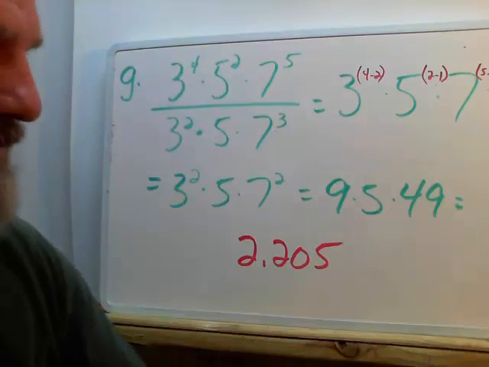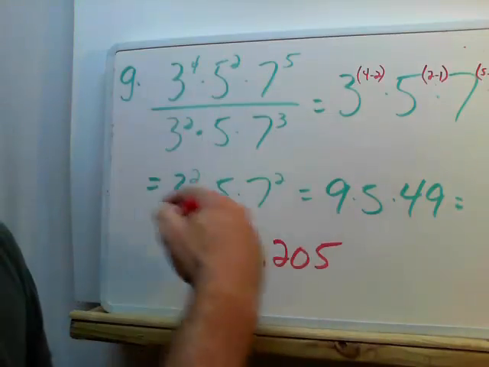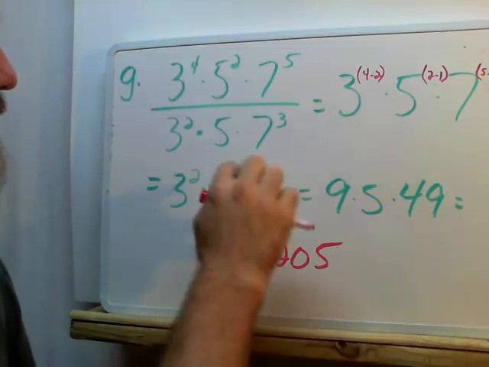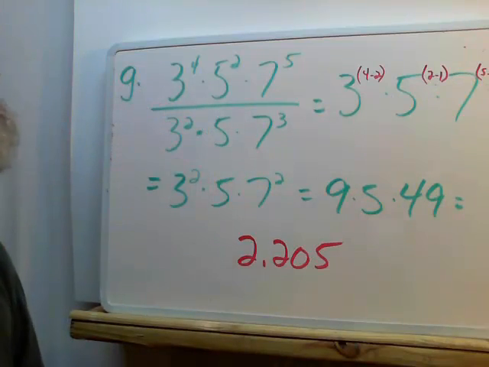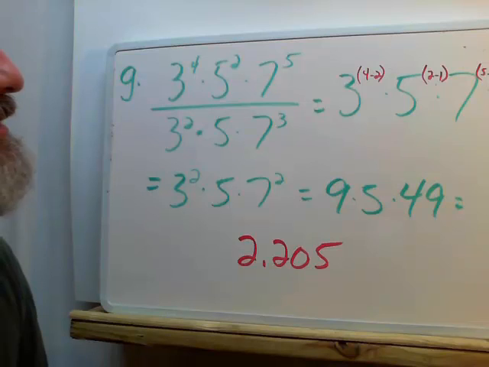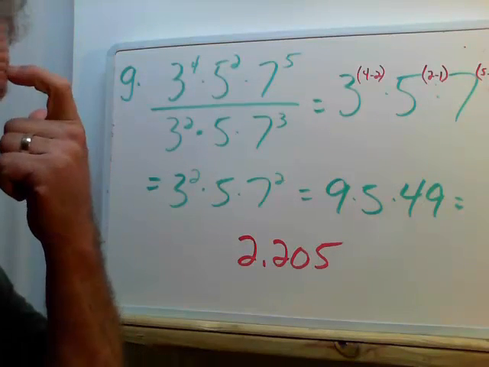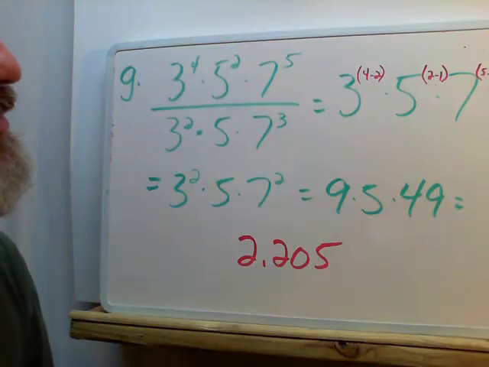Letter G. Now you can start seeing why we're going to want to get to the point where we can just jump to this method here, or things would get really sloppy if I wrote out all these numbers. 3 to the 4th times 5 to the 2nd times 7 to the 5th, all divided by 3 squared times 5 times 7 cubed.